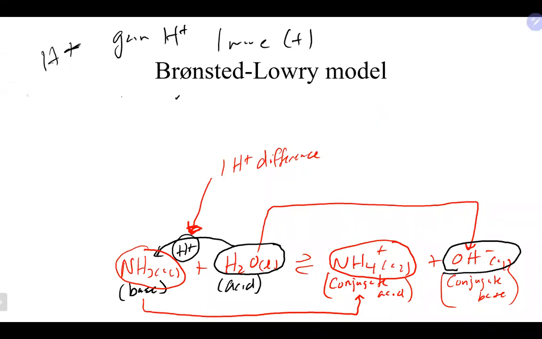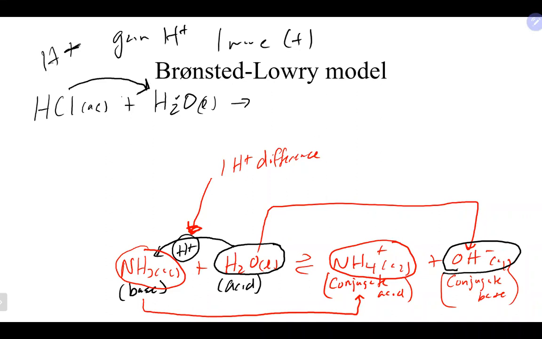If we take hydrochloric acid, one way we can represent it dissociating or breaking apart in water is to actually include the water in the equation. In this case, because HCl is an acid, it's going to donate the H plus to the water.